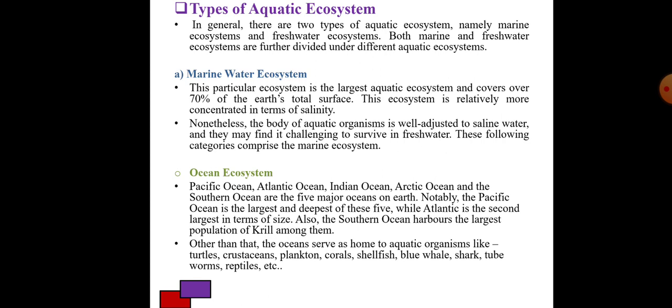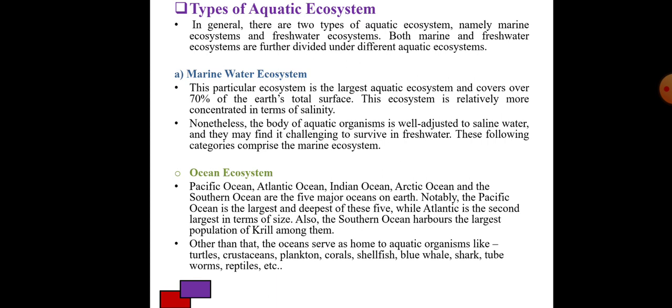So Pacific Ocean, then Atlantic Ocean, Indian Ocean, Arctic Ocean and the Southern Ocean are the 5 major oceans on earth. Notably, the Pacific Ocean is the largest and deepest of these 5, while Atlantic is the second largest in terms of size. Also, the Southern Ocean harbors the largest population of krill among them.